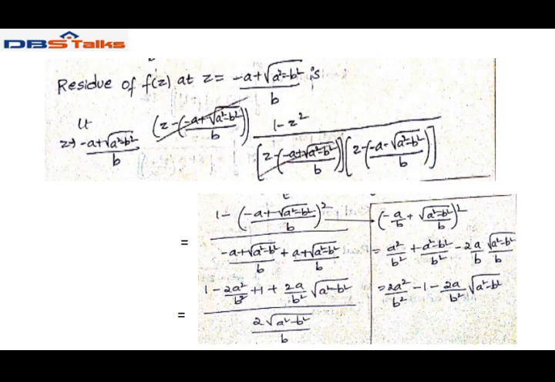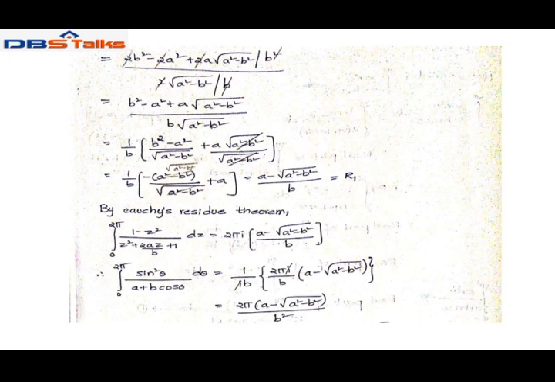Then substitute the numerator value, that is 1 minus, numerator is 1 minus 2a square by b square plus 1. So minus of this value is 2a square by b square, so minus of it means plus, 1 plus 2a by b square root of a square minus b square, by denominator value 2 root of a square minus b square by b.